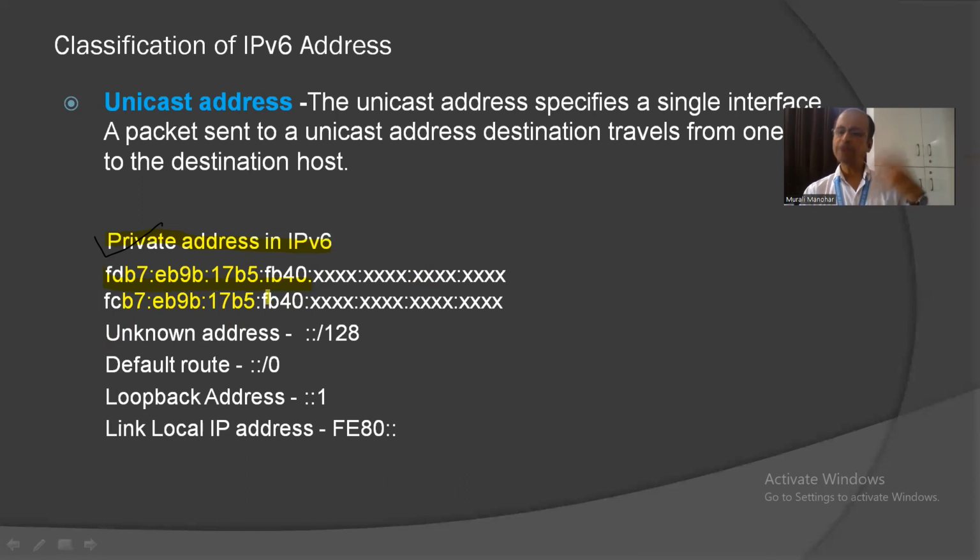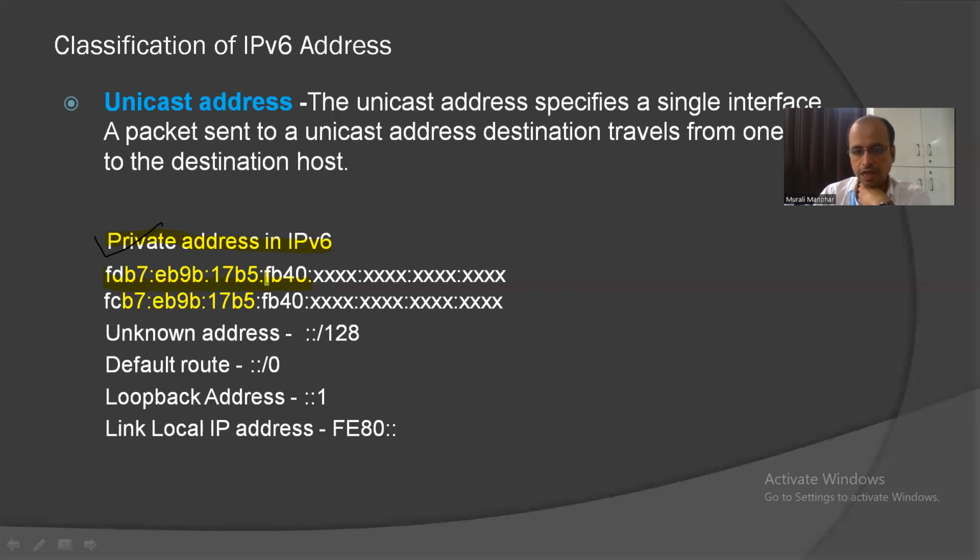We can form different networks in this private IP address, because we should take care that the values like FDB7, EB9B, 17B5 should be the same.